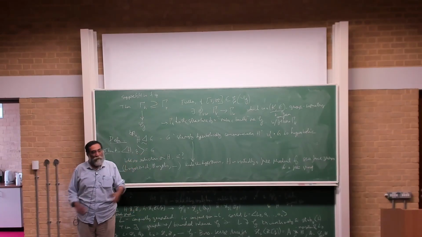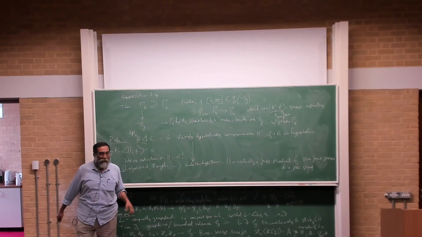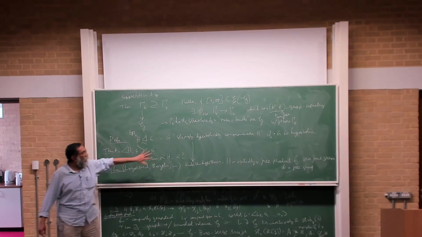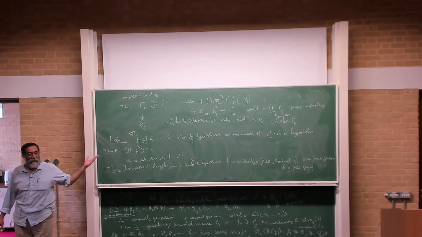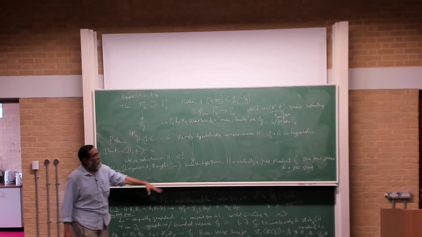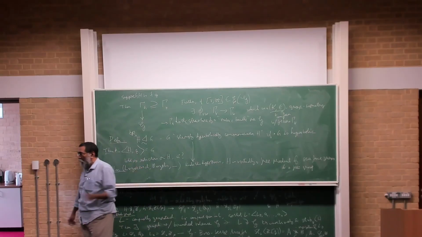Because it's a hyperbolic automorphism, it stretches some directions, contracts some other directions. So you finally end up getting a free action of H on an R-tree. Yeah? It's a finitely generated group. And then you put the Rips machine and you extract that information.